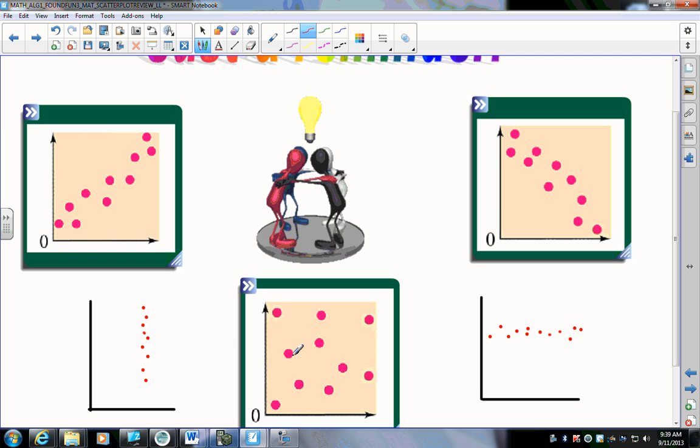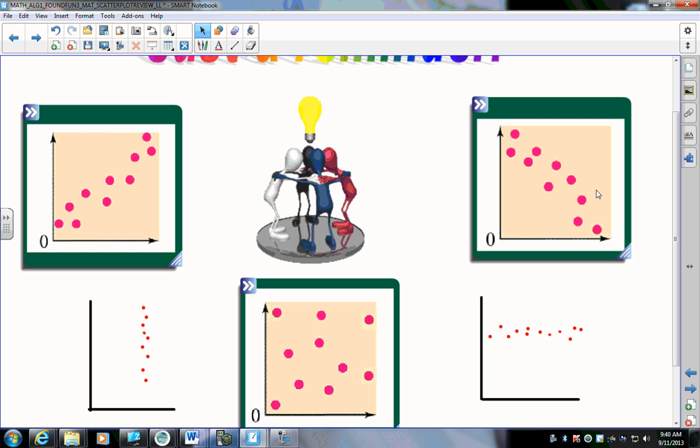All three of these at the bottom are no correlation because they don't go up and they don't go down. From left to right, they're not rising or falling. A positive correlation has to be rising. It has to be going up. A negative correlation is going down.